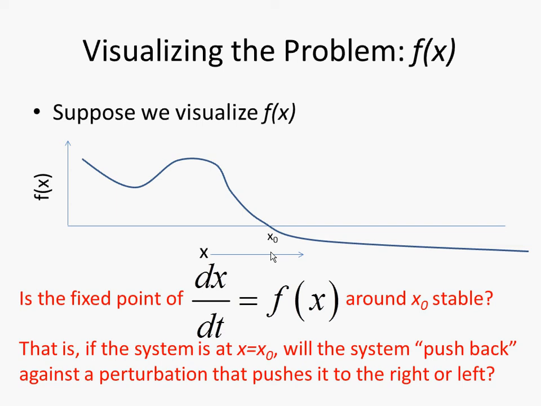And if I knock it out of here just to the right a little bit, then I look up f of x, it's some negative value, so dx/dt equals some negative value, so x will be going down over time, right? Declining over time. Does that make sense?